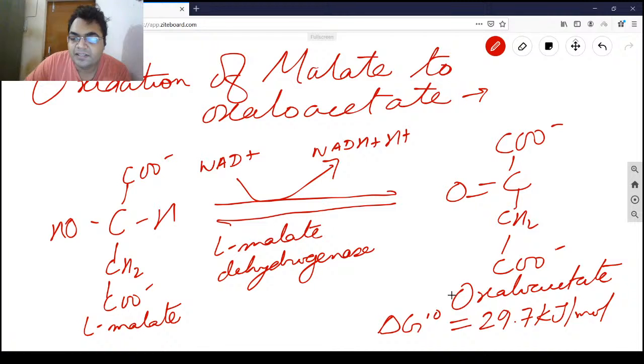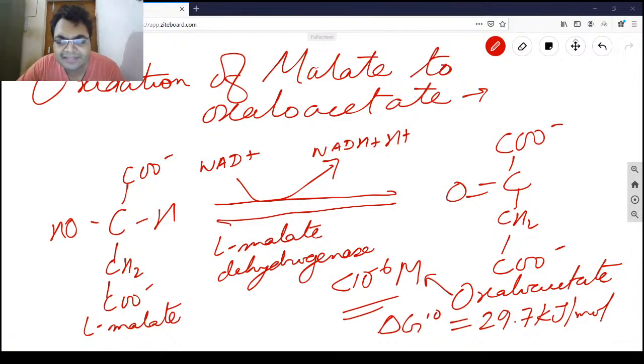Always remember, below 10 to the power minus 6 molar. Thus, it pulls the malate dehydrogenase reaction toward the formation of oxaloacetate. That is the entire theory behind it being able to produce oxaloacetate in the first place.